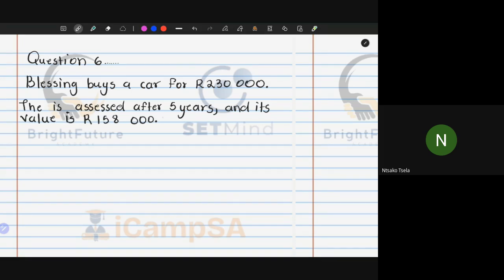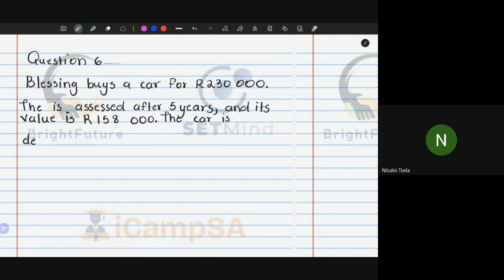So what we are told is that the car is losing value or is depreciating. Let me take that down.